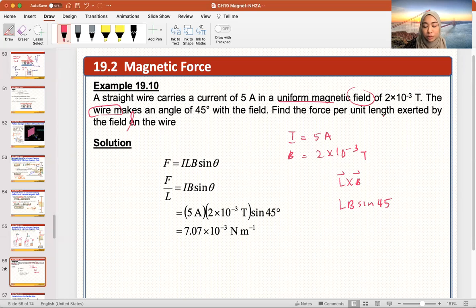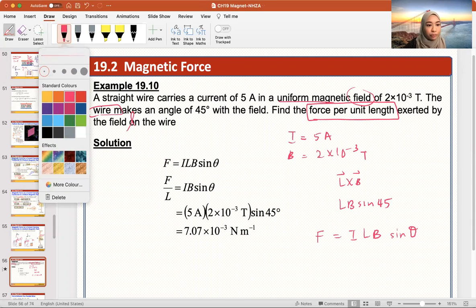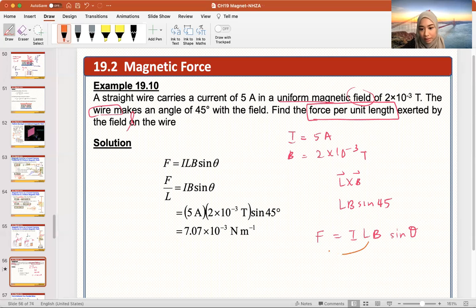Find the force per unit length exerted by the field on the wire. So it's asking you force per unit length. Now, our equation is just force, which is F equals to ILB sine theta. So if I wanted to make this force per unit length, I just have to move my L to the other side.